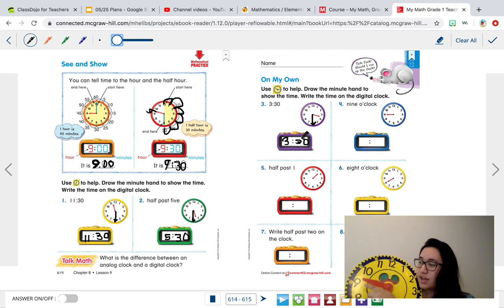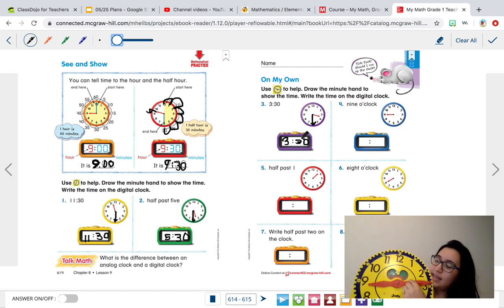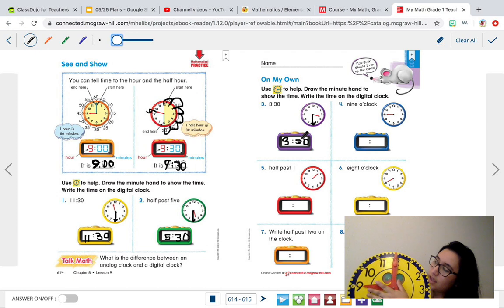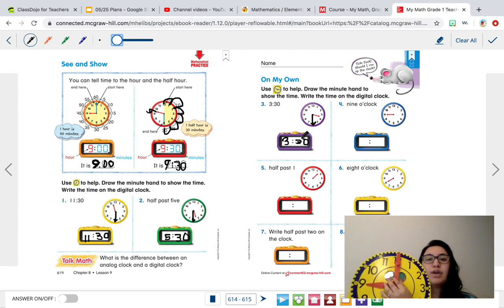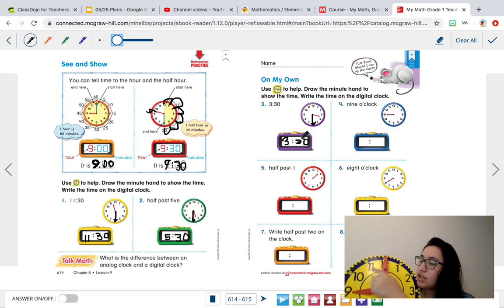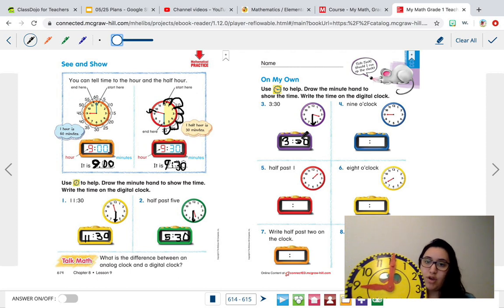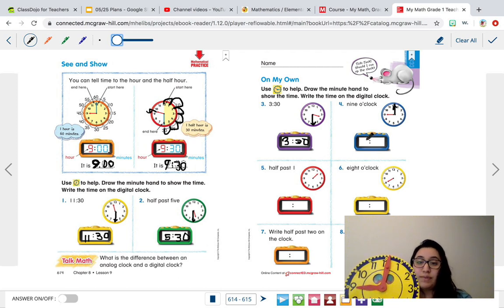So it's always going to be right on 9, right here. And the minute hand is going to be right at the top, right at 12. So it's 9 o'clock, 9:00. So I'm going to draw the minute hand all the way at the top facing 12. And then I'm going to draw from my digital clock 9:00, okay?